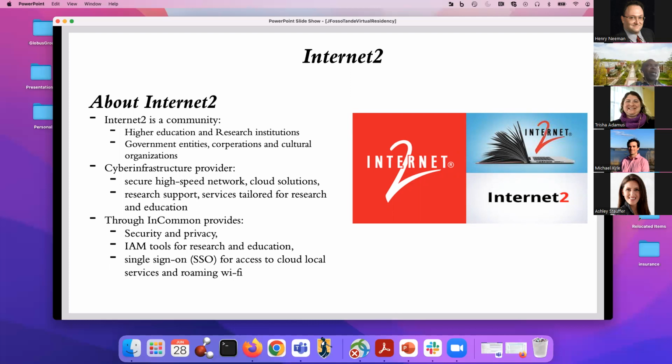One of the services we are all familiar with is InCommon, which provides security and privacy, an identity and access management tool for research and education, with single sign-on, so that our researchers can move from one institution to the other and go along with their credentials. Thanks to Internet2 and InCommon.